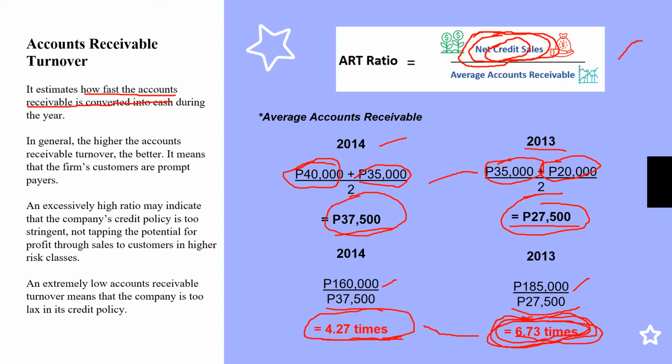So, ibig sabihin, bumagal yung ating collection or baka may mga customers tayo na hindi pa nakakabayad or mabagal magbayad ng kanilang receivables. So, in this case, pagka ganitong bumaba, pwedeng may problem or ano bang dapat natin gawin dito? Kailangan na ba natin itong pagtuunan ng pansin or ano ang kailangan natin gawin kung kailangan natin pataasin ito?